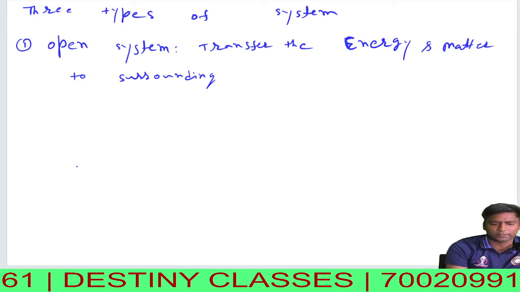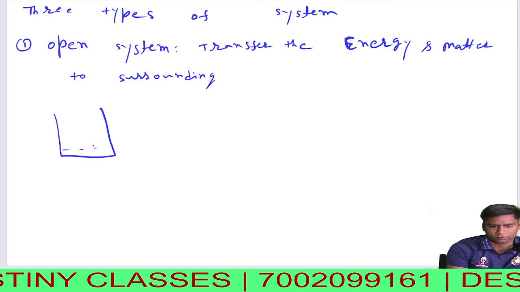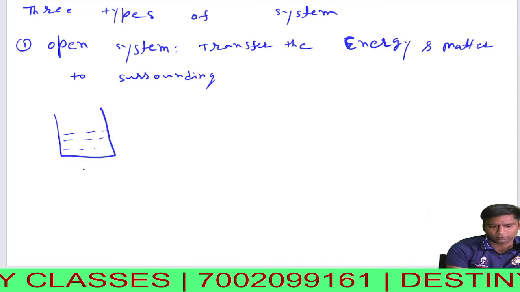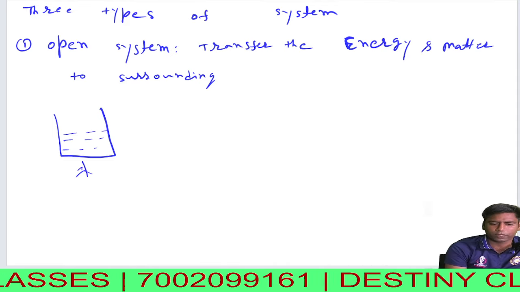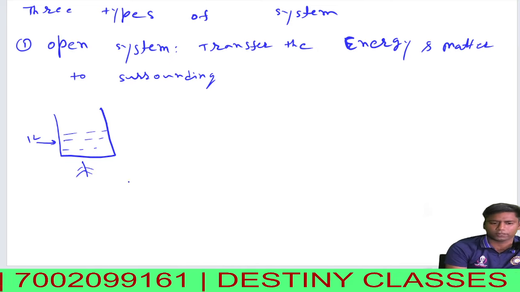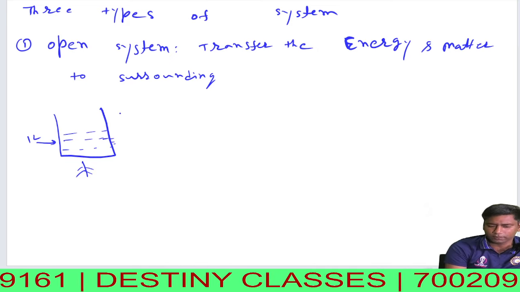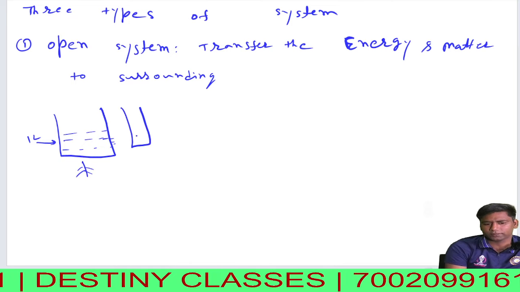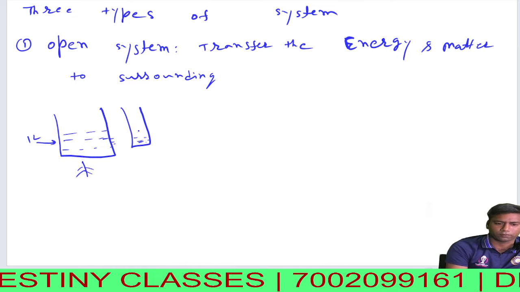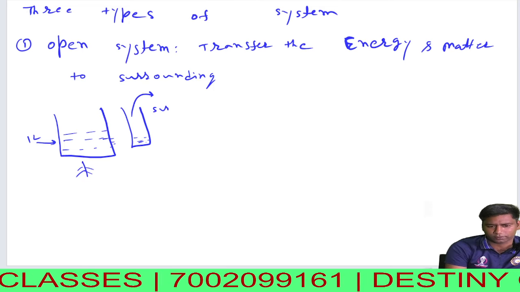So let's consider we are boiling water. When we boil the water, if initially it is 1 liter or 2 liter, after a certain time the water level will decrease because the water which evaporates goes to the surrounding.